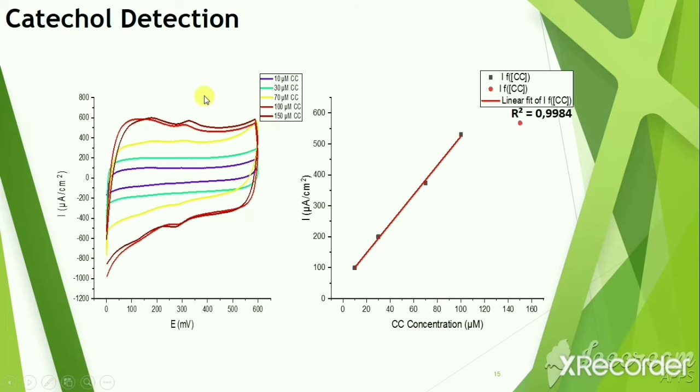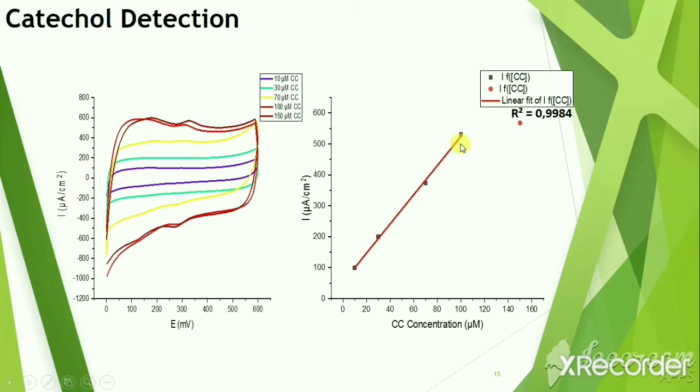To obtain the analytical parameters of the sensor, we did a detection experiment using different concentrations of catechol. As you can see, each time we increase the catechol concentration in the solution, we had an increase in the oxidation peak. So the sensor showed a wide linear range from 10 to 100 micromolar.